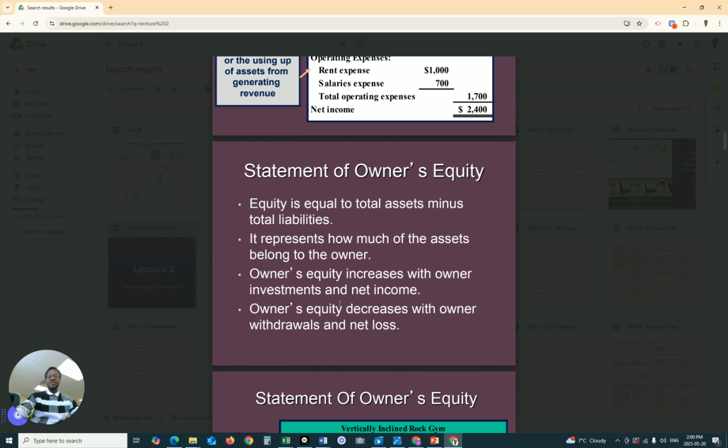So equity at the beginning of a business year would be increased when the owner has additional investments or with net income. It will reduce with withdrawals of the owner from the business and would reduce further by net loss.